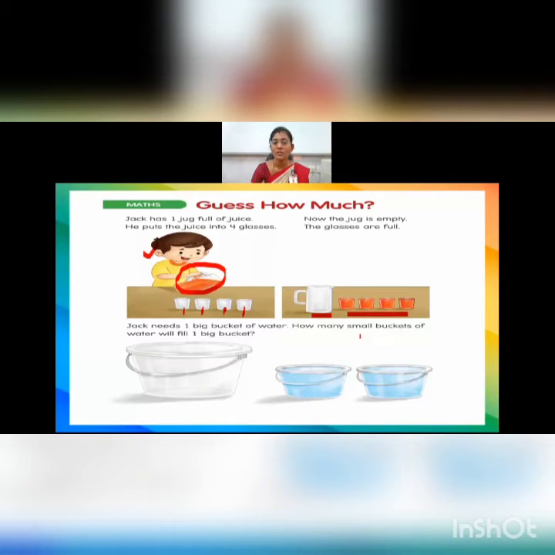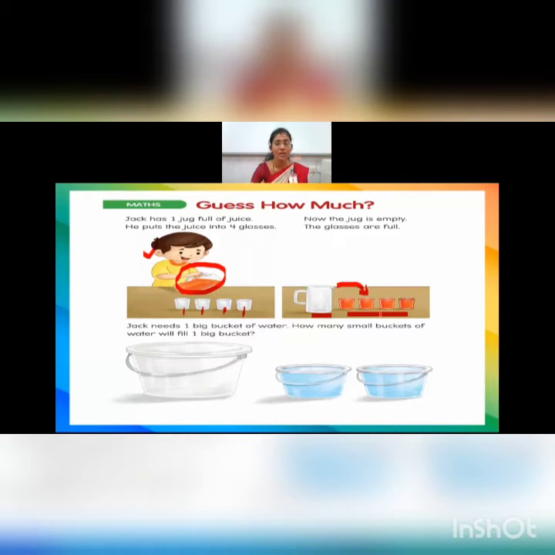So now tell me, how many cups fill the jug? Yes, exactly 4. Very good. So the capacity of the jug is 4 cups. How is the amount of water in the jug the same as the water in the 4 cups?